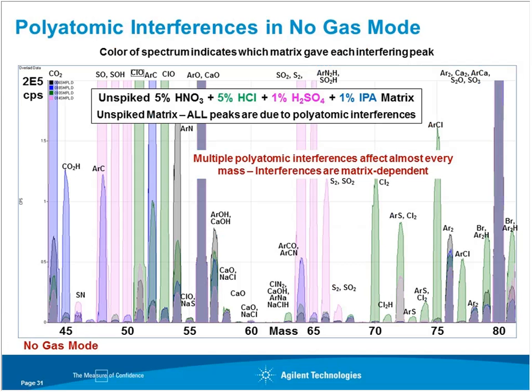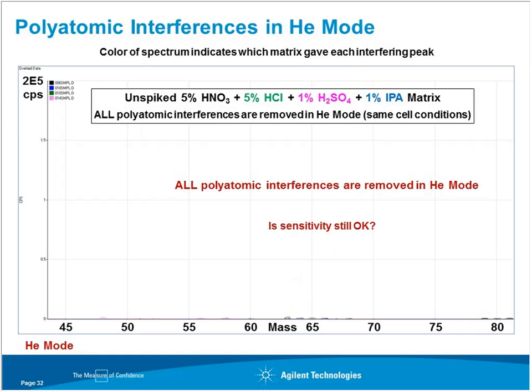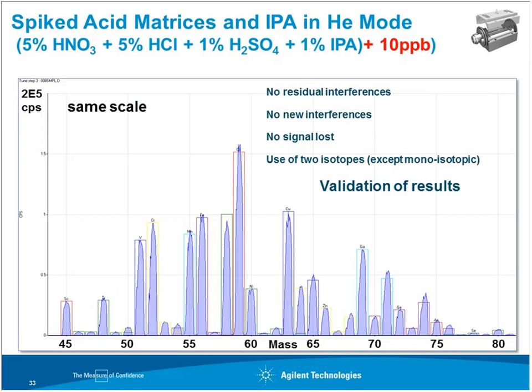So this is what it looks like in no gas mode. You can see a really busy spectrum with a lot of interferences. But as soon as helium is turned on, all the polyatomic interferences are removed. So we can see that flattened out those interferences. So the question is, well, what about the sensitivity? Can we still see our low-level analytes in there? And we say yes. This is 10 ppb in that same matrix.